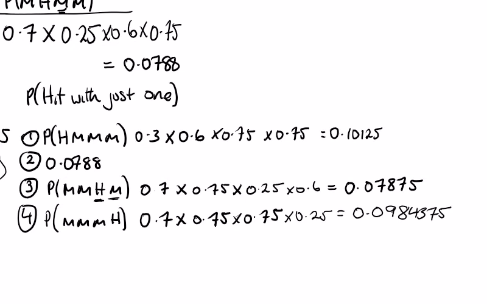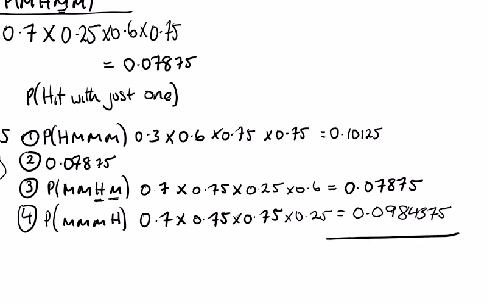I rounded this one off earlier to 0.0788, but I'll change it to 0.07875. Just have the 5s giving us a 1 here. So we add these together. Add the 2 of the middle ones, and then the other 2.